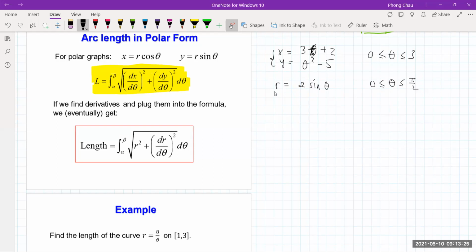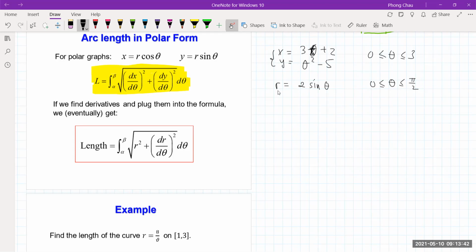Now, don't forget that from polar equations, we can always convert to parametric equations using the two important formulas: x is r cosine theta, y equals r sine theta.